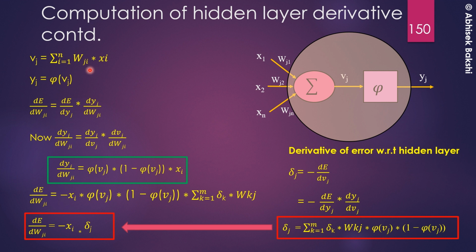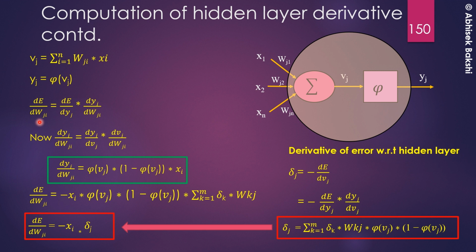That's why wji, not kj. And then xi, obviously, means x1 or x2 or x3, which is basically the input. Similarly, yj will again be phi of vj, as simple as that. So now we have to calculate the derivative of error with respect to wji.